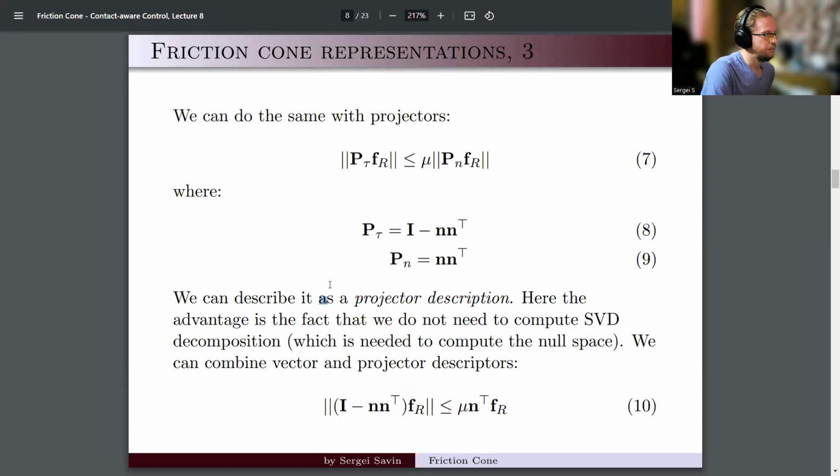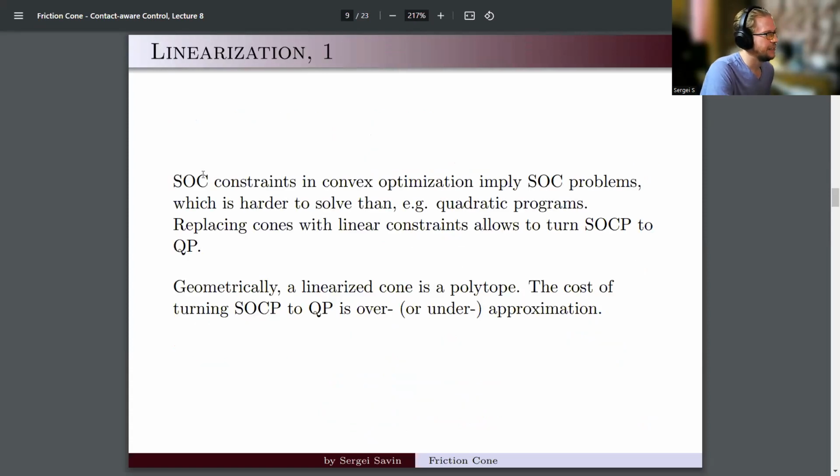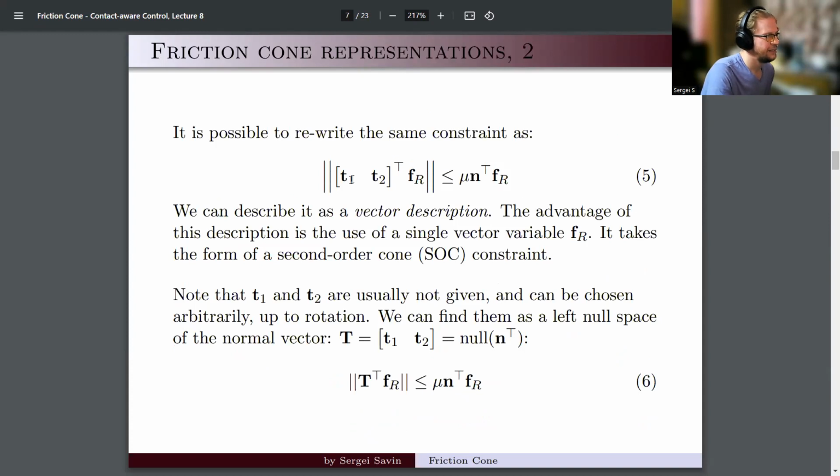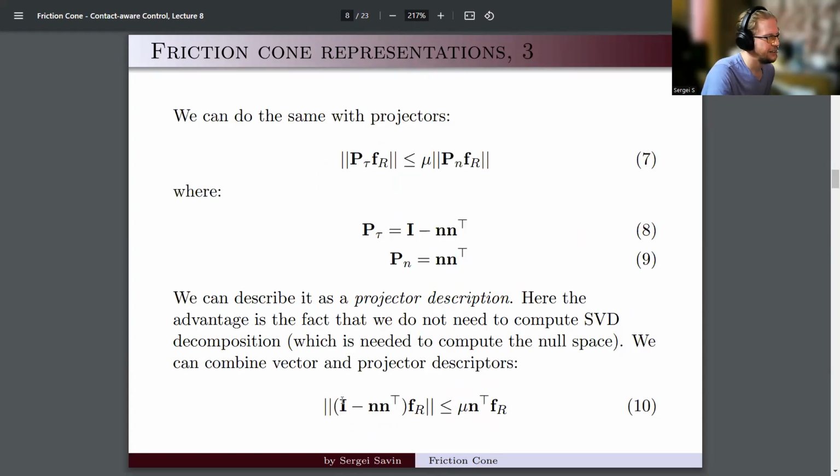Okay. Now, all of this, let's just review. This, and this, same stuff, but in different ways. It is always describing the friction cone.